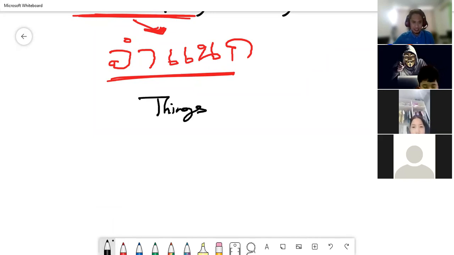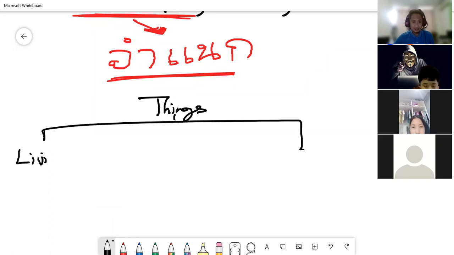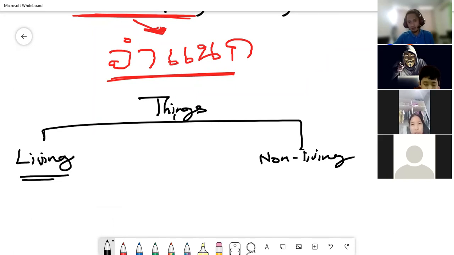We can classify things into two. Number one, living things, and non-living things. Living things means มีชีวิต.